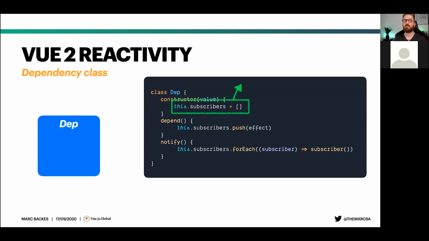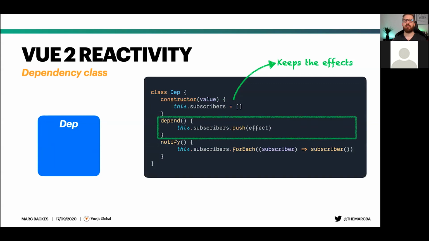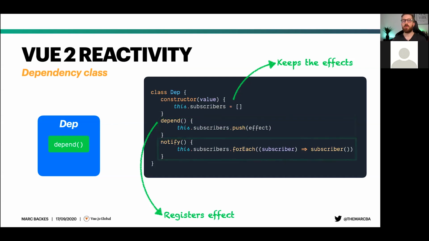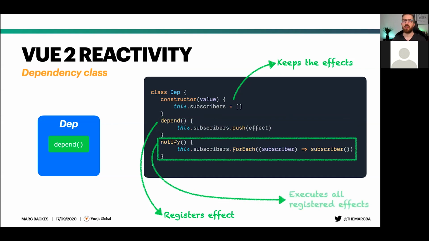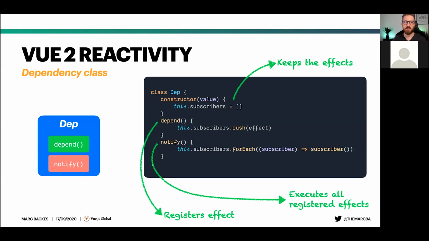We need a space where we save our effects or our functions. Then we have a function called depend, where we register the effects that we want to react on, and notify is a command where we execute all the registered effects again. So everything is updated and in its place. So yeah, this is the dep class.